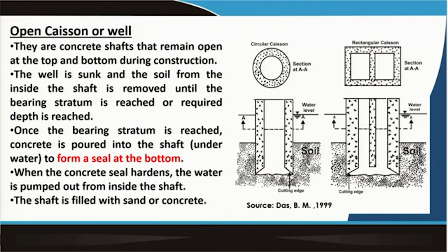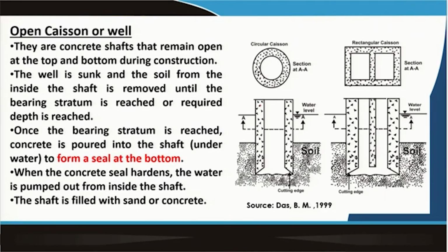So, there will be water, but once it has reached the required depth, then the concrete is poured within the shaft underwater, to seal the bottom part of the well.